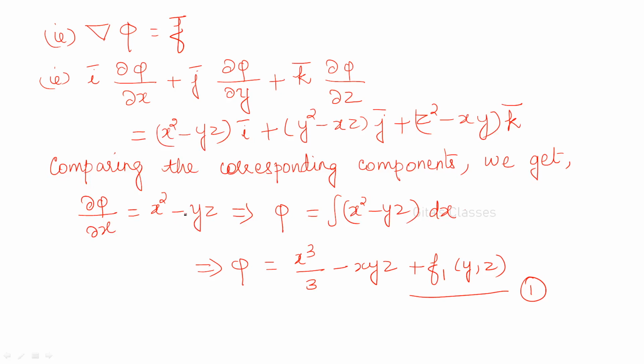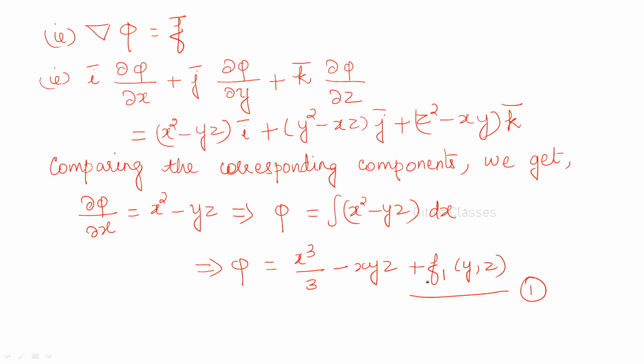So if we integrate this, phi is equal to, with respect to x, we have to integrate, keeping y and z as constants. Now by integrating, we get x cube by 3 minus xyz plus the constant of integration will be there, no? Actually, what is this? Dou phi by dou x, that is partial differentiation of some function with respect to x.